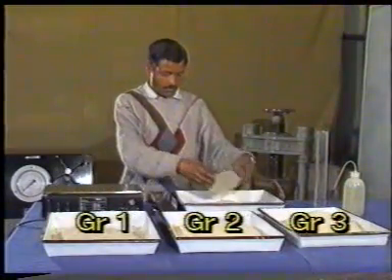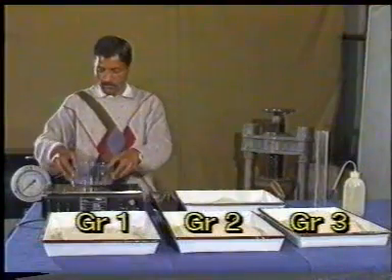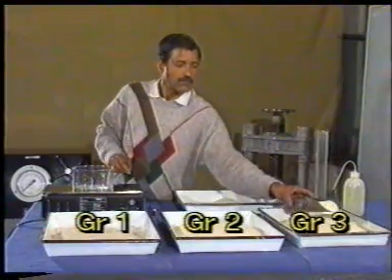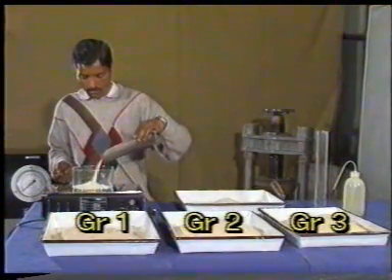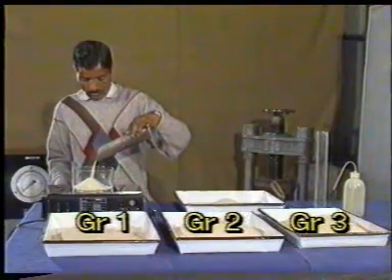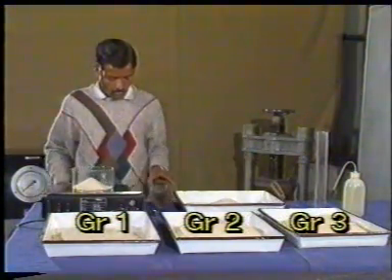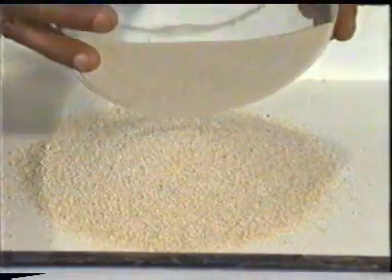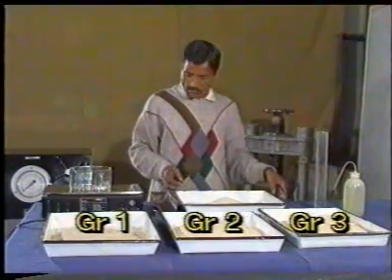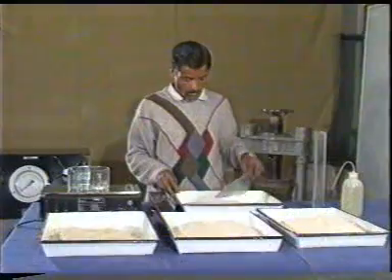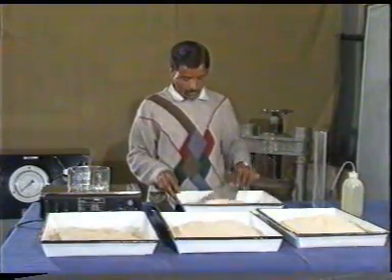Place the measured quantity of each grade of sand in the enamel tray. The total weight of sand now becomes 600 grams, which is then thoroughly mixed in the dry state.